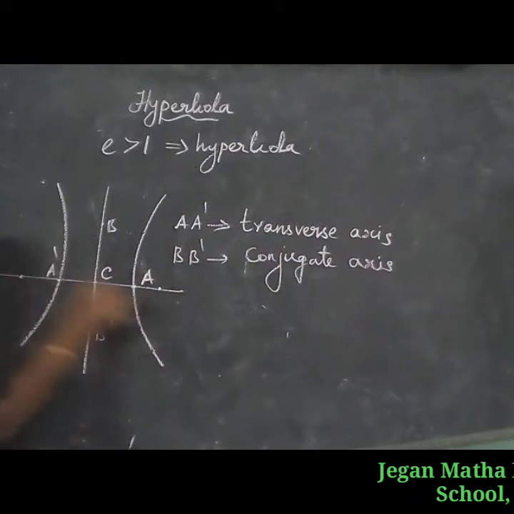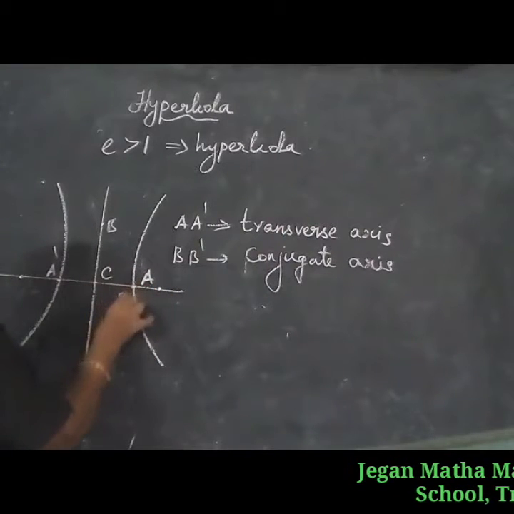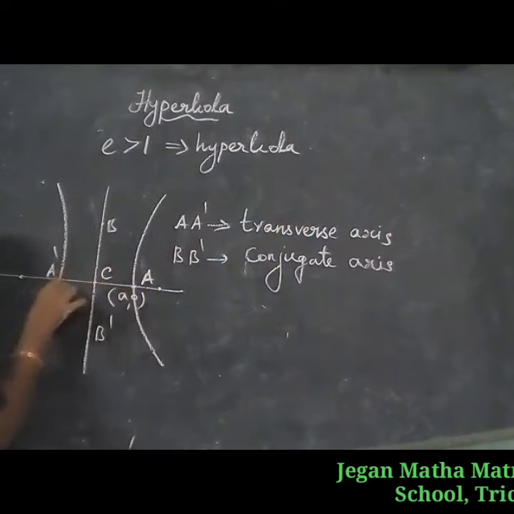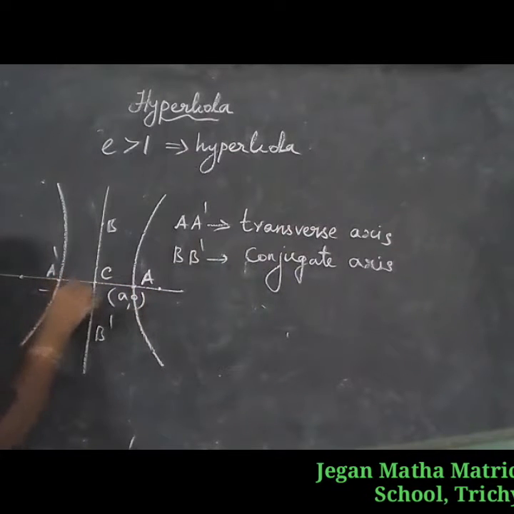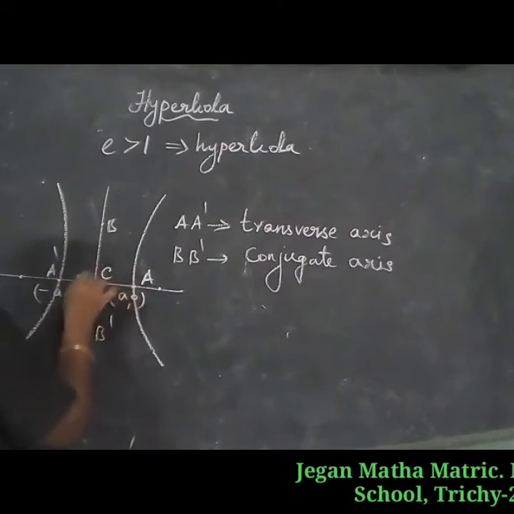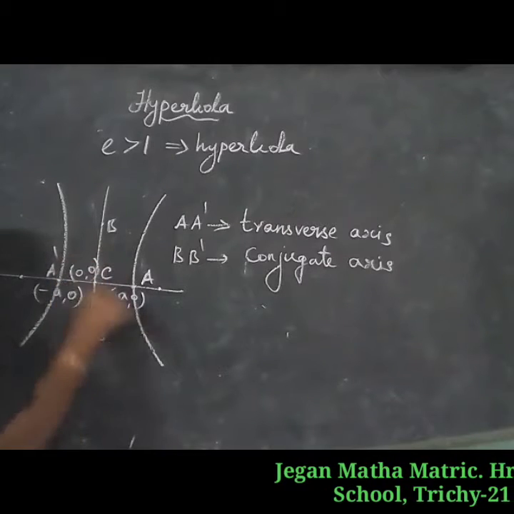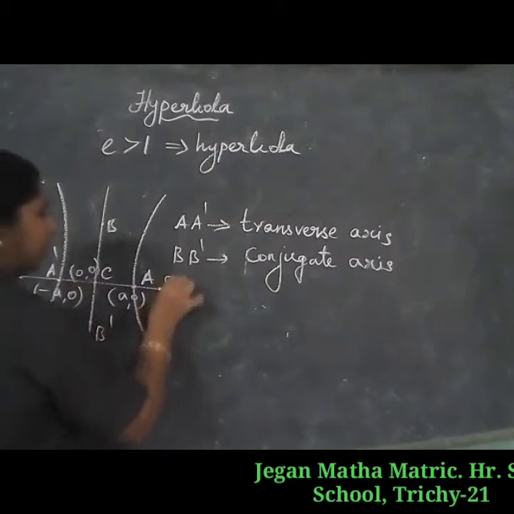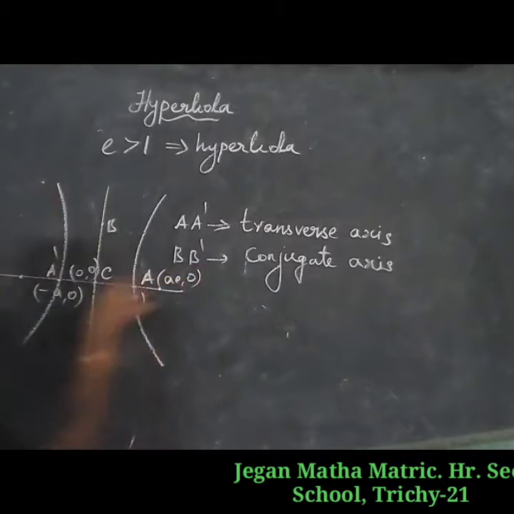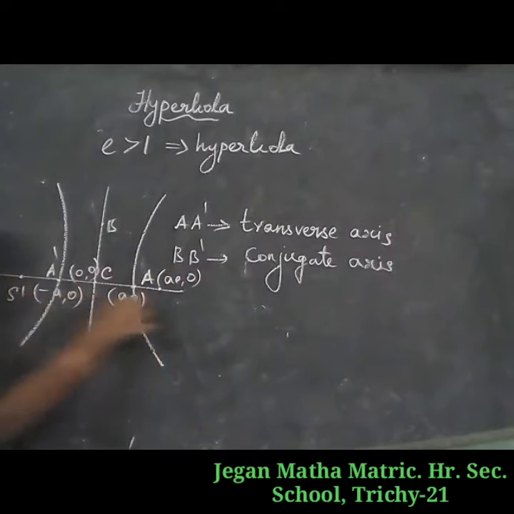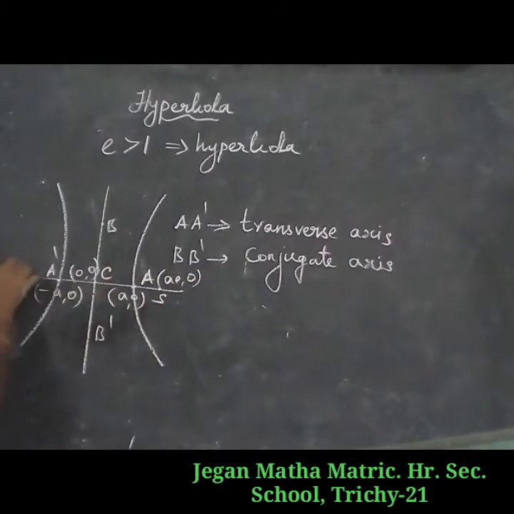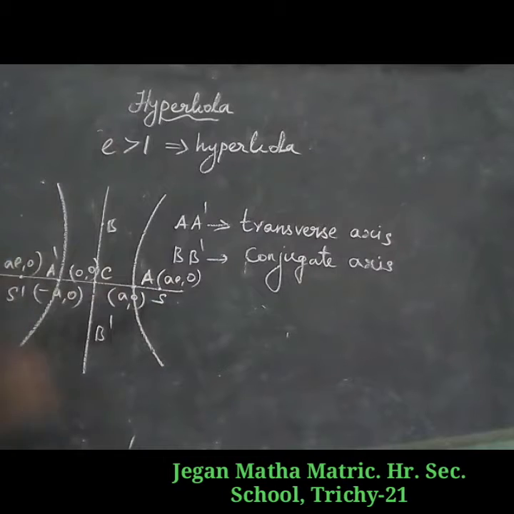So the focus lies here. The vertex point is a, 0. On the other side we take minus a, 0. Here the center is 0, 0. And the focus is ae, 0, and the other focus is minus ae, 0.